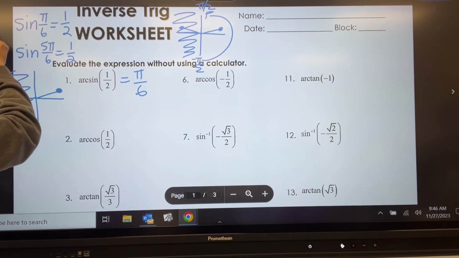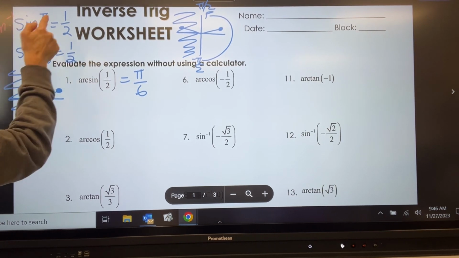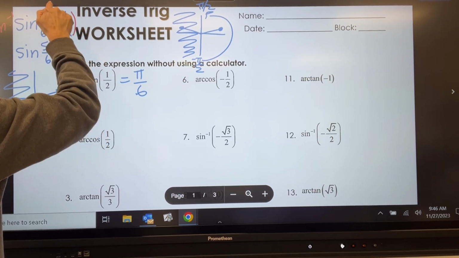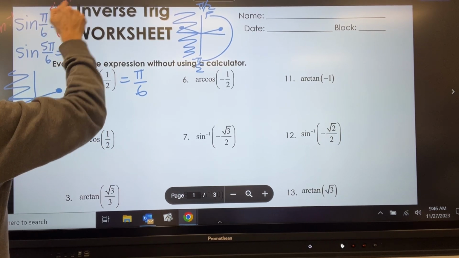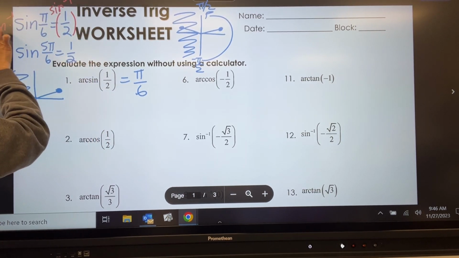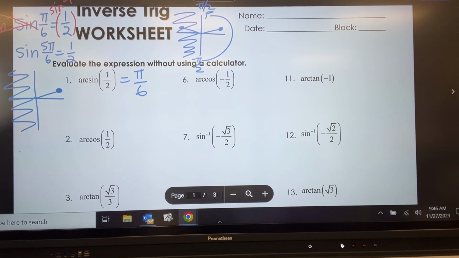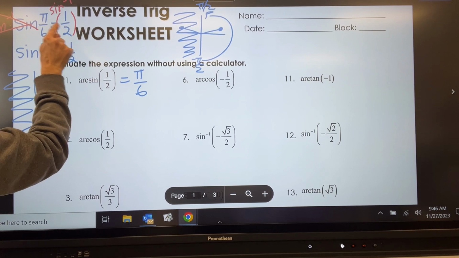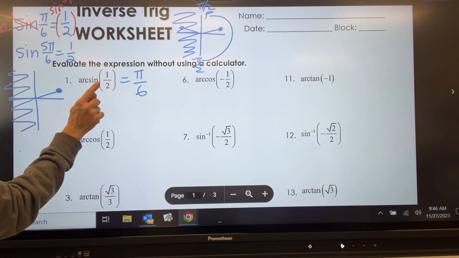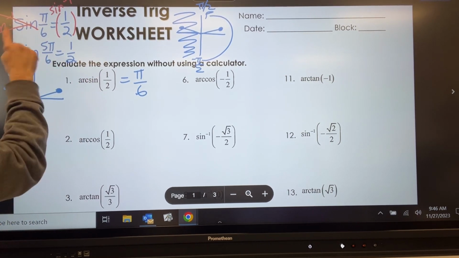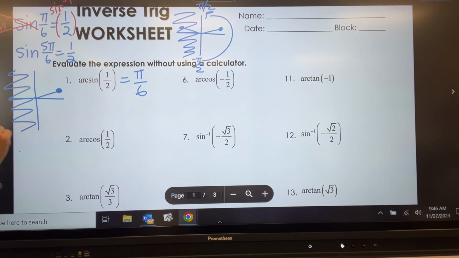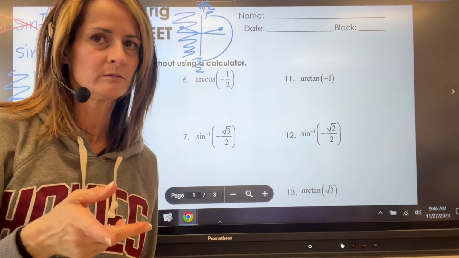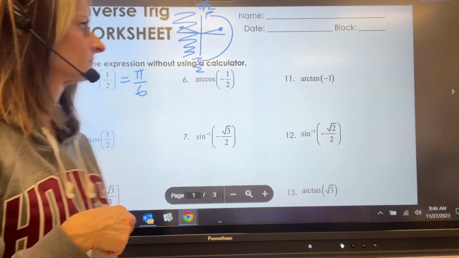If I inverse sine both sides, and I have to do it on the left, the inverse sine and the sine end up canceling each other out. So the pi over 6 is isolated. So the inverse sine of 1/2 is pi over 6. That's what we're doing here. So we're working backwards. It's really just a unit circle question backwards.